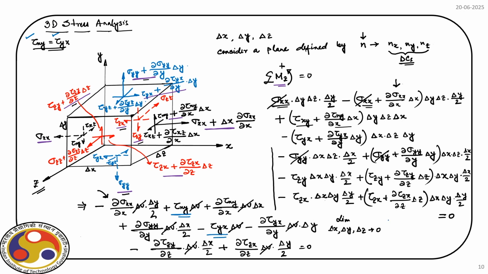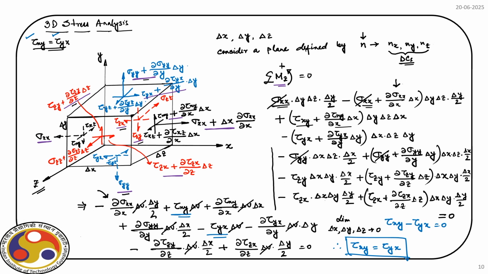So, that means we have tau xy minus tau yx is equal to 0. That is, tau xy is equal to tau yx. So, you can see for the 3D, if we consider the variation of stress along x, y, z, then also we can prove that cross shears are equal.